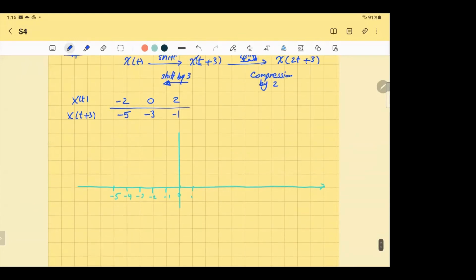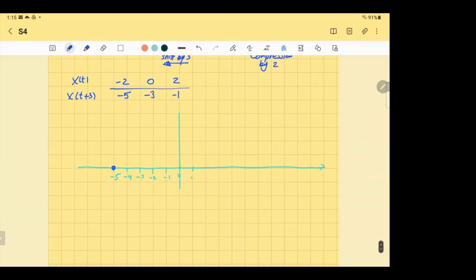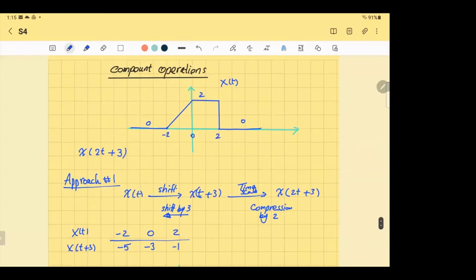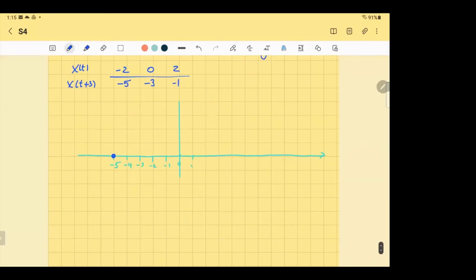-2 now is -5 and -2 is 0, if you remember. And 0 was equal to, so I put 2 at -2. I'm sorry, at -3. At -3, I'm going to put 2, 1, 2. That's another point. So it'd be like that. And that will be 0 here.